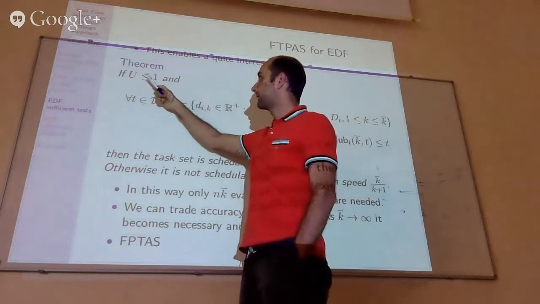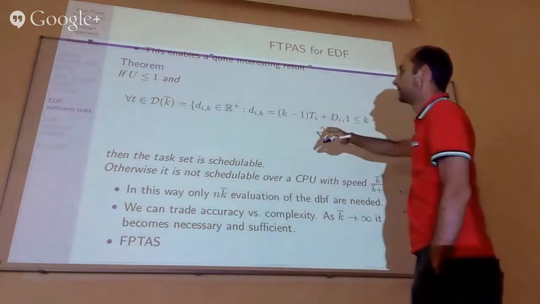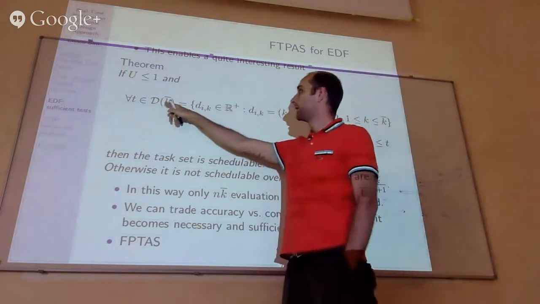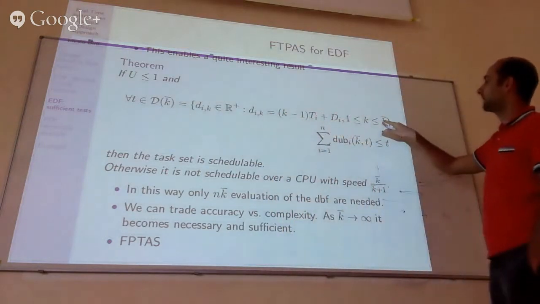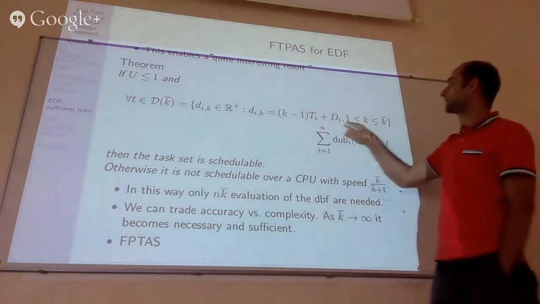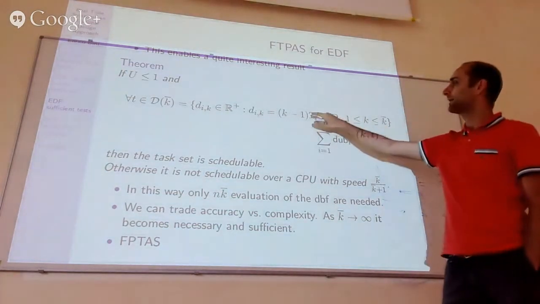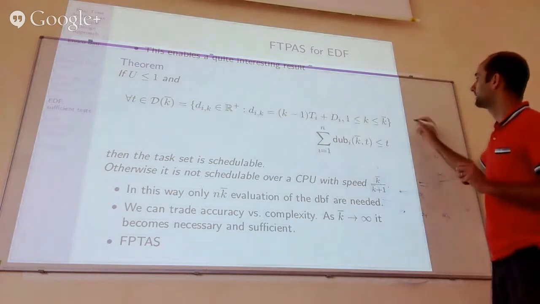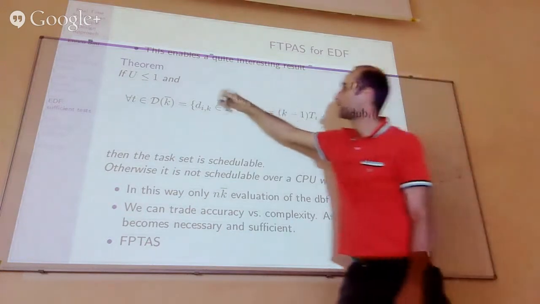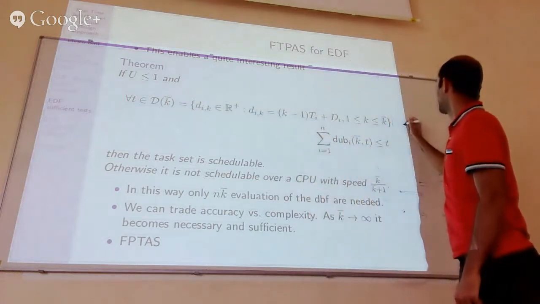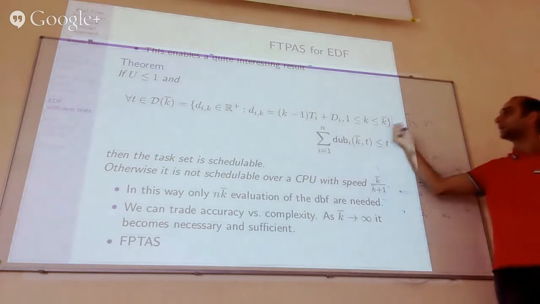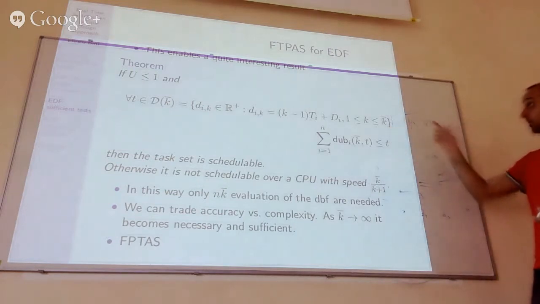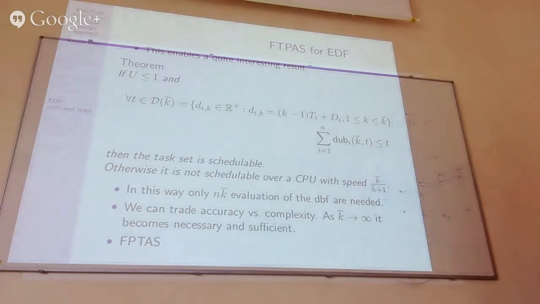If the total utilization is less than 1 and we check the DBF in all points denoted by dk bar, where k bar is the index of the deadline at which we stop checking, then the cardinality of this set is less than or equal to k bar times n, the number of tasks, because it includes at most k bar absolute deadlines for all tasks.